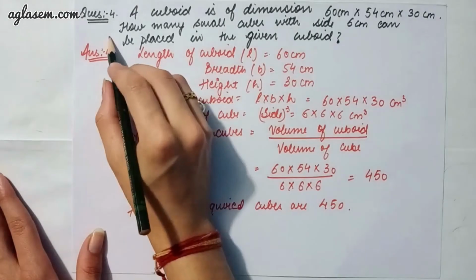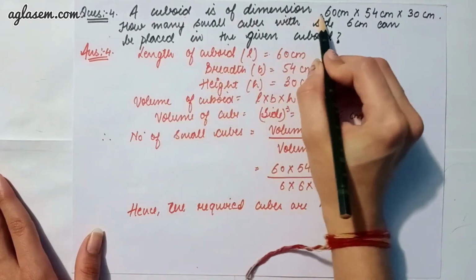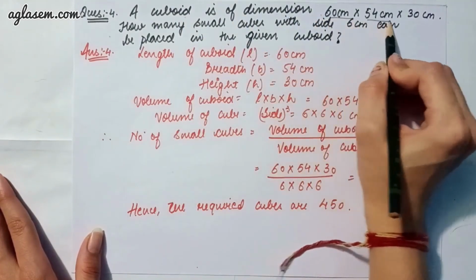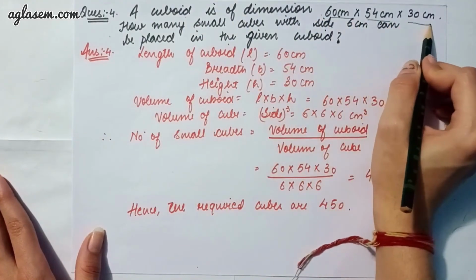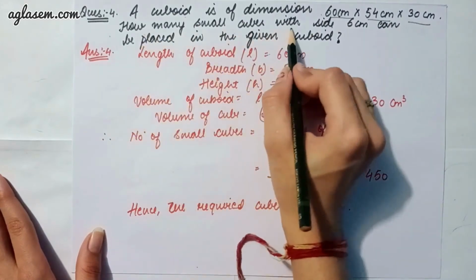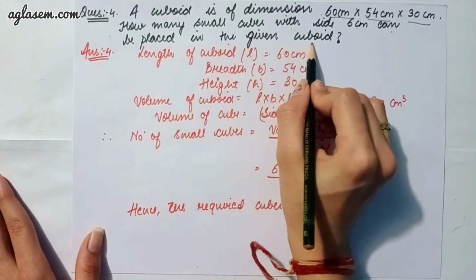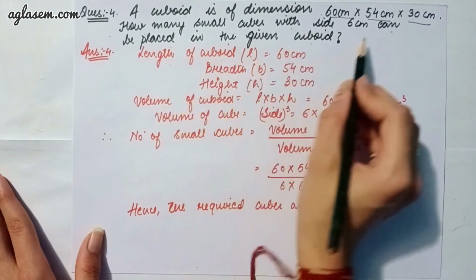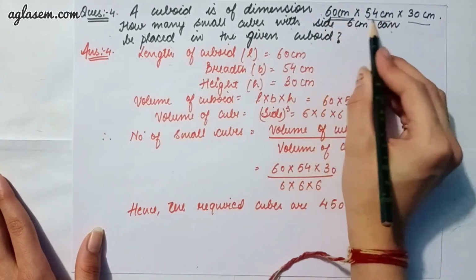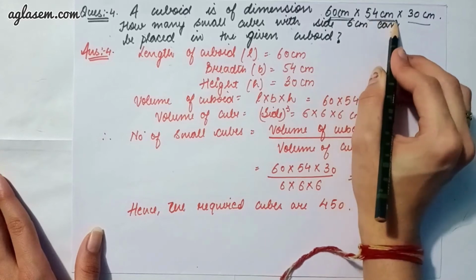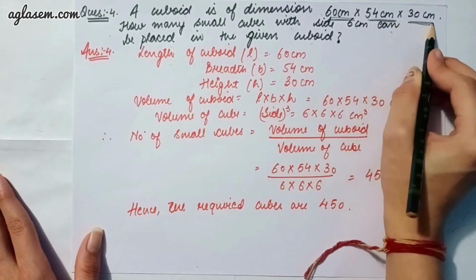Moving to our fourth question, which says a cuboid is of dimensions 60 centimeter, 54 centimeter and 30 centimeter. How many small cubes with side 6 centimeter can be placed in the given cuboid? The length of the cuboid is 60 centimeter, breadth is 54 centimeter, and the height is 30 centimeter.